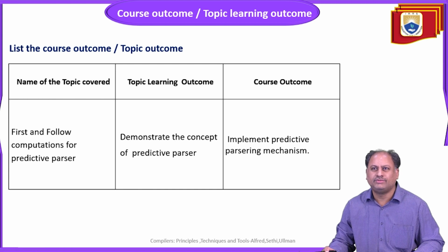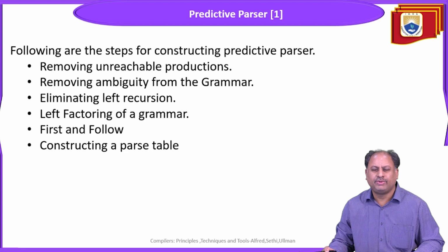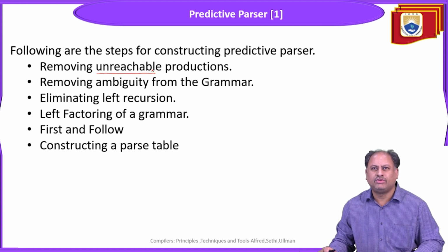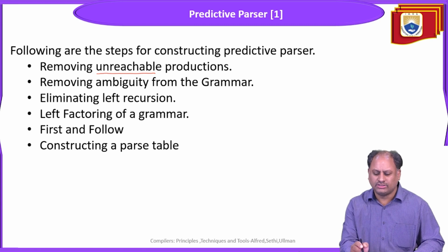This is the objective: how the predictive parsing mechanism can be implemented. This is the concept of the predictive parser, one of the well-known concepts. In the last videos we discussed some of the concepts related to this, such as predictive parsing. First, unreachability: any unreachability can be eliminated before checking the grammar, so that only reachable conditions are taken.